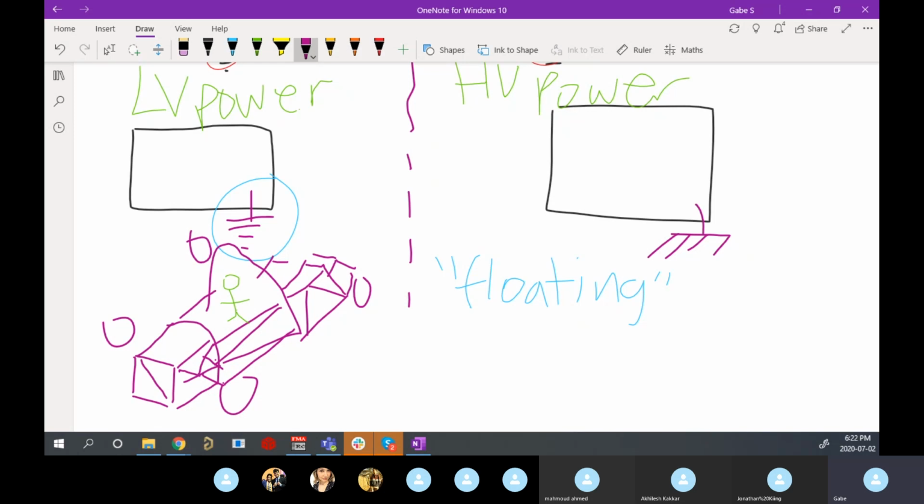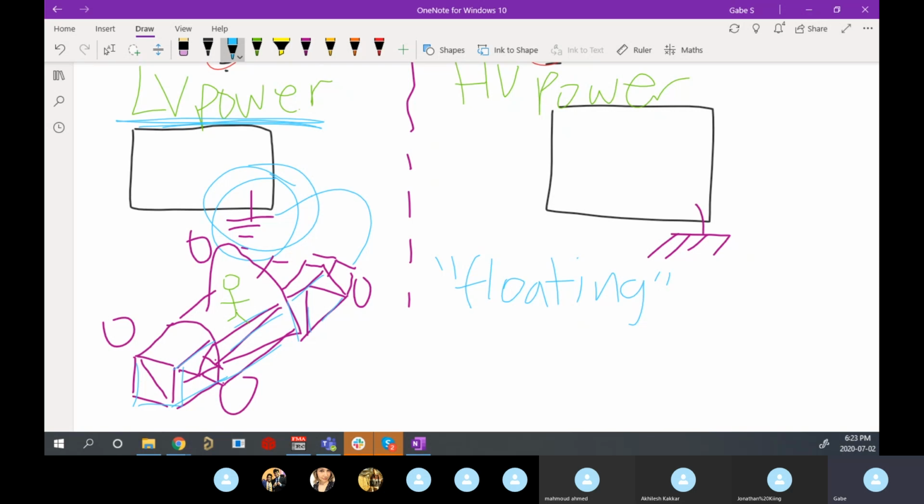But what you do with the electrical system is you connect your low voltage ground to the chassis. You take a wire and literally connect it to the metal tubes. So the whole chassis of the car is connected to this potential. The whole chassis is known as ground, so people often call it chassis ground, the low voltage power ground.